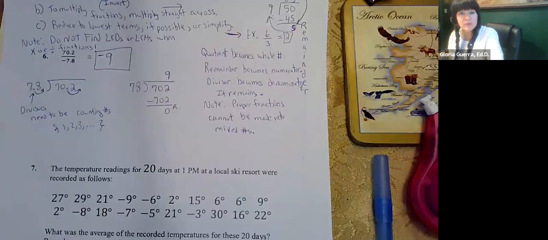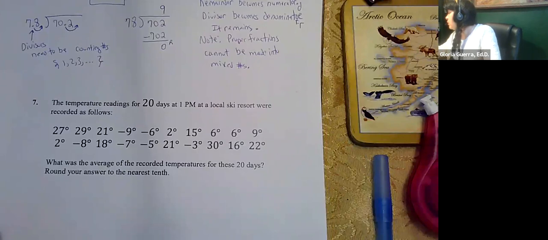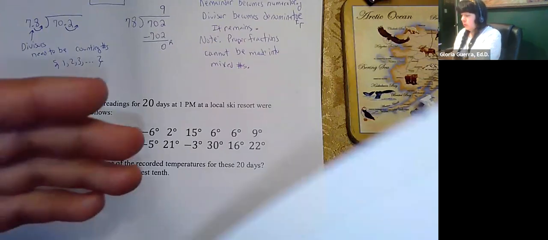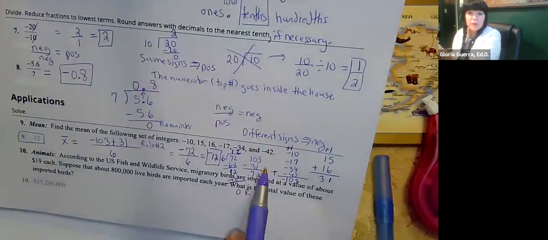Okay, and then the last problem is a mean. So we saw the mean earlier on this previous problem, number 9. So we saw a mean with fewer numbers over here. And we got a -12. Okay, I didn't do every single problem.